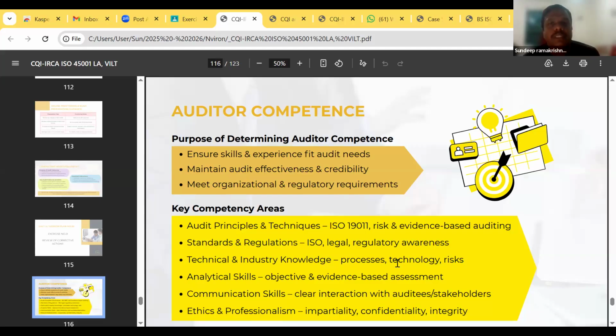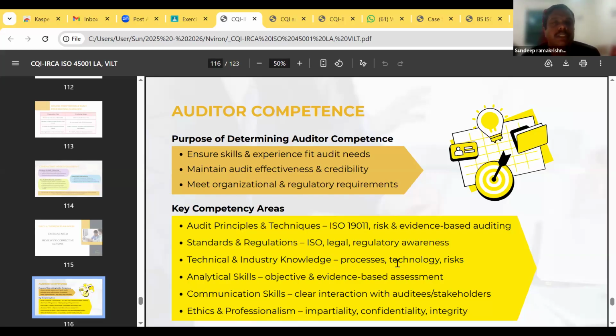To keep their skills and experience fit for audit requirements and maintain audit effectiveness and credibility, meet organization and regulatory requirements. So the key competence areas: you will have to have a good understanding of audit principles and techniques using the 19011 guidelines for auditing.